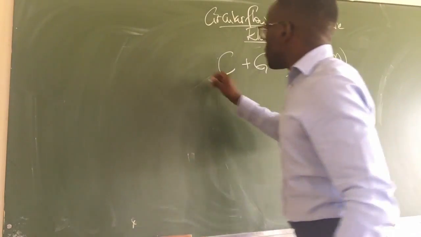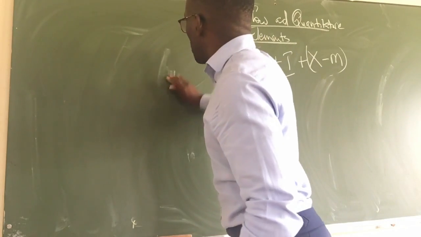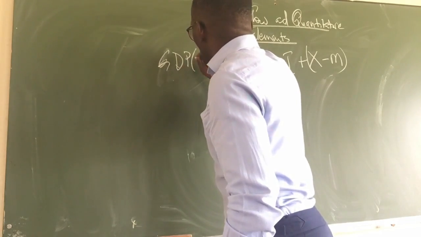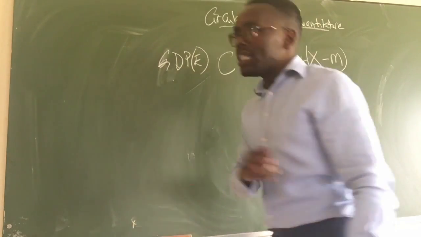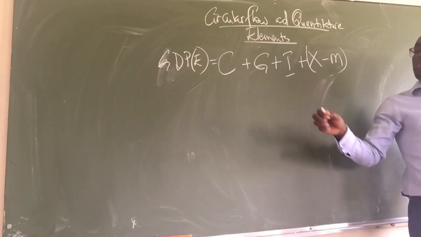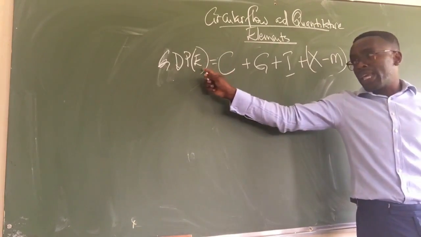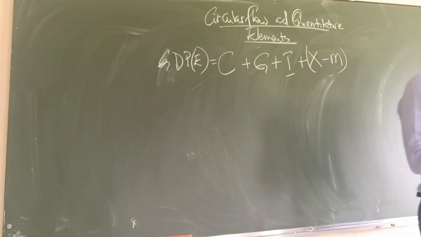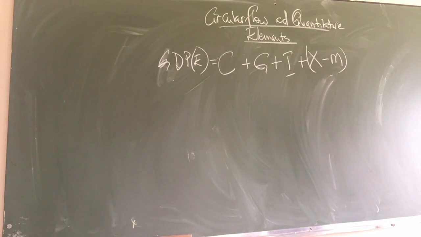Now, what we are calculating here is what is called the gross domestic product, but specifically we are looking at the expenditure method. Now, what is gross domestic product?